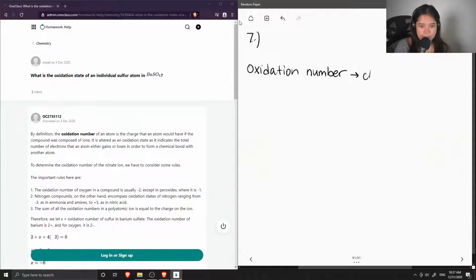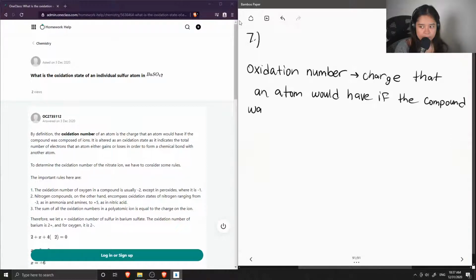This is the charge that an atom would have if the compound was composed of ions.